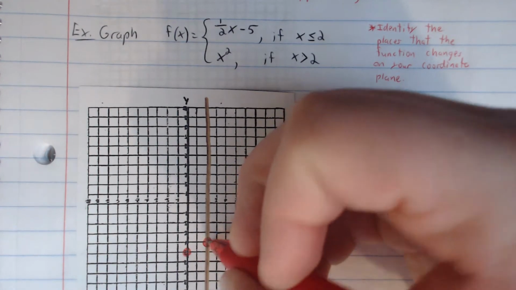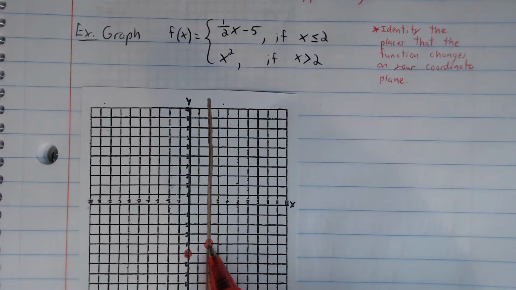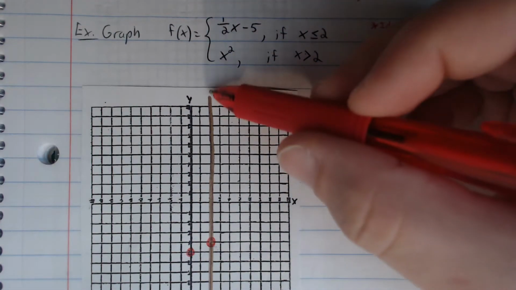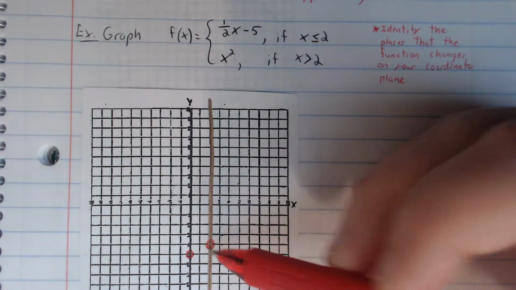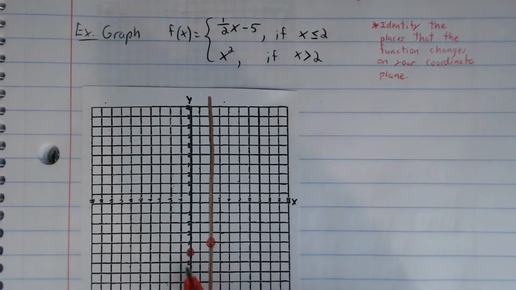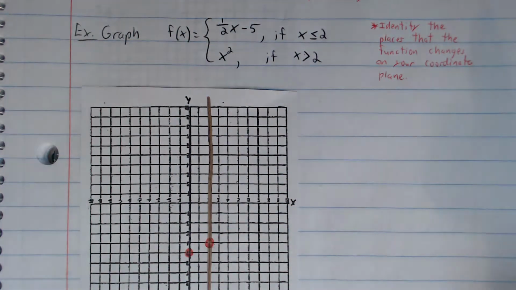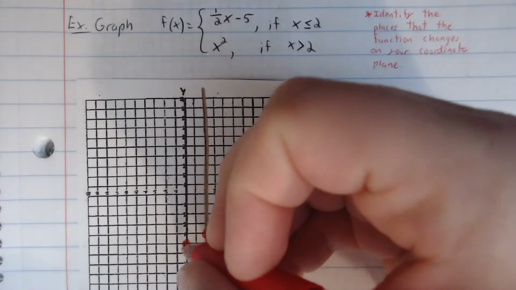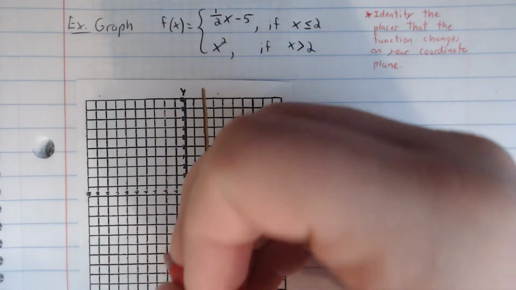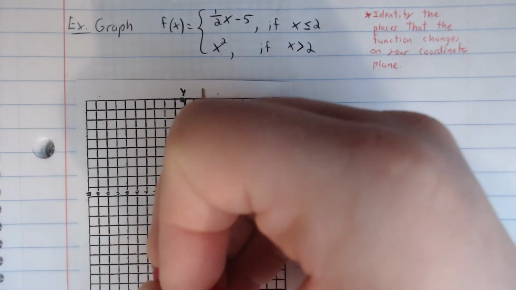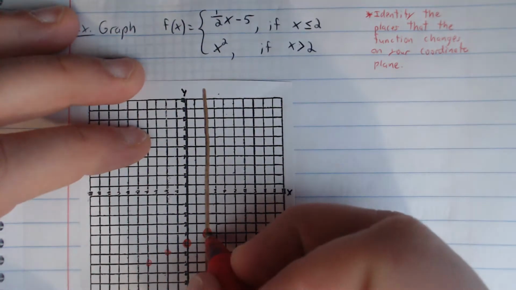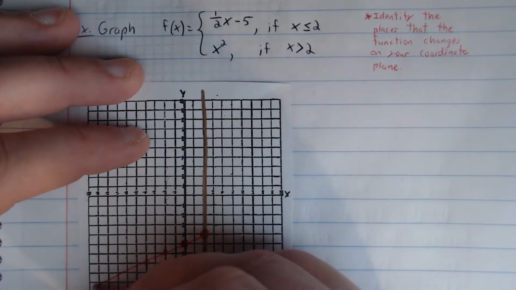I'm going to include this point because I'm including 2. So that point gets included. I can't go any further, so I have to continue this way on our graph. That would be down 1 over 2, down 1 over 2. Okay, so that's what that piece of the piecewise function looks like.